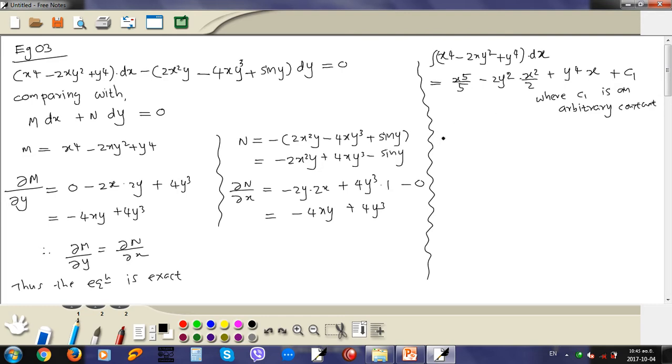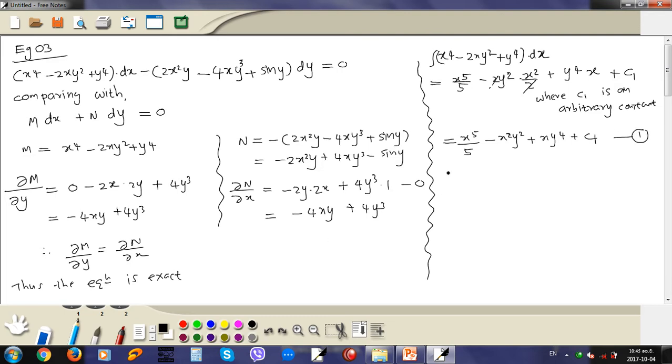So we can simplify this: x^5/5, cancel the 2 and 2, minus x²y² plus xy^4 plus c1. That is the first equation, right?